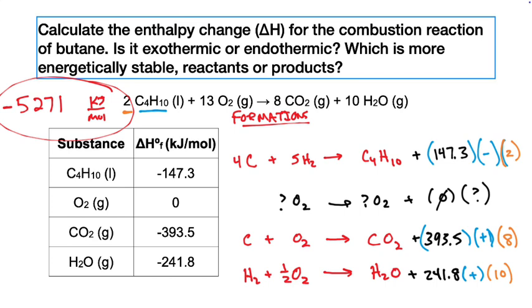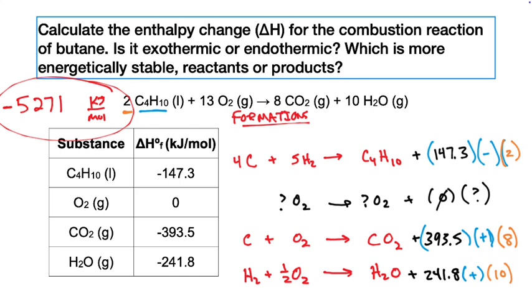It's on the product side. I'm using the sign to tell me where to place the heat term. Okay? I then did the formation reactions for all the other ones. So we're getting all of our equations. The 393.5 showing up on the product side again because it's negative.